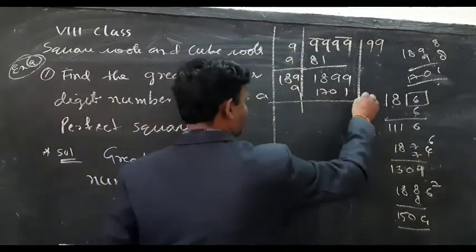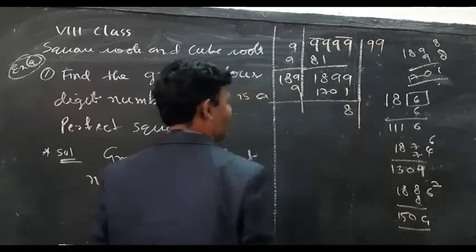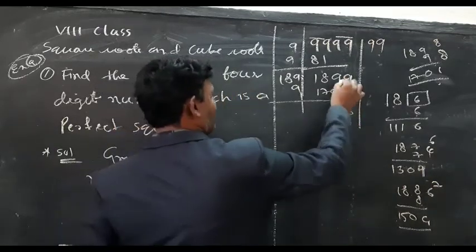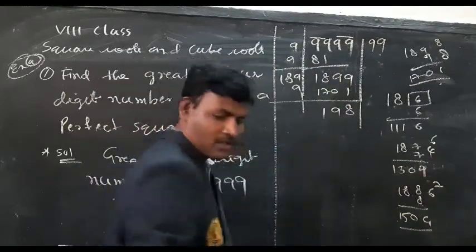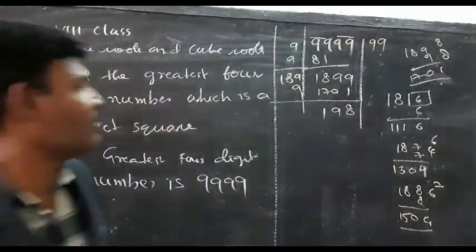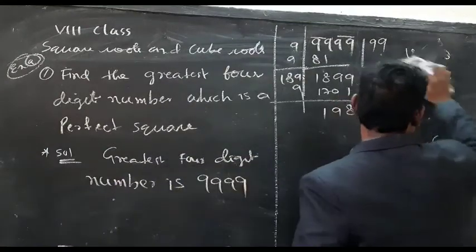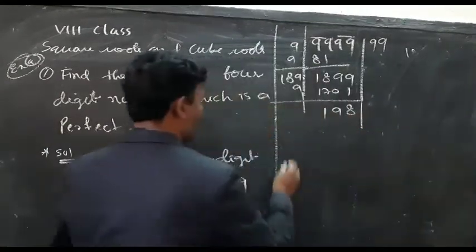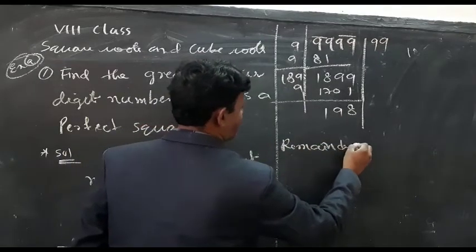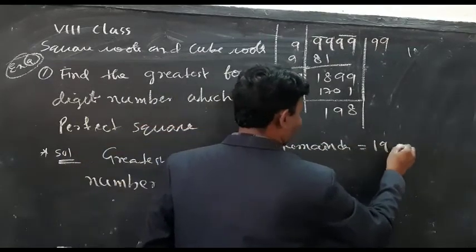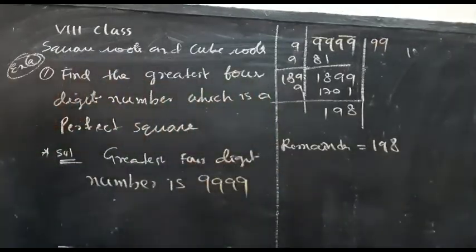Now subtract. 9 minus 1 is 8. 9 minus 0 is 9. 8 minus 7 is 1. So what is the remainder here? The remainder is equal to 198.